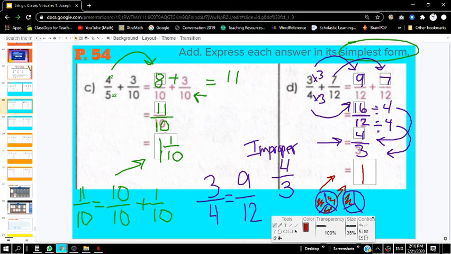In other words, 1 and 1/3 is your final answer. Check to make sure that your answers are correct. I am putting both of the answers in a black circle. Letter C is 1 and 1/10, and letter D is 1 and 1/3.